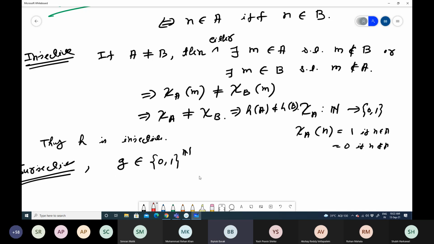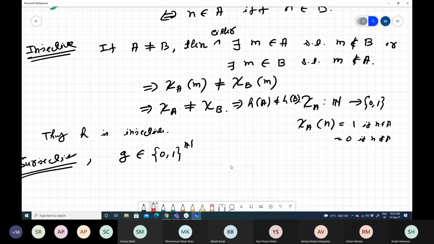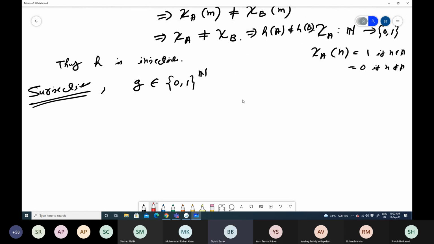Now we prove that H is surjective. So that means we take an element G from this set, and then we will find a set A such that H of A equals G. Okay. Now can you tell me how to find the set A? What will be the set A? Can you guess it? Empty.